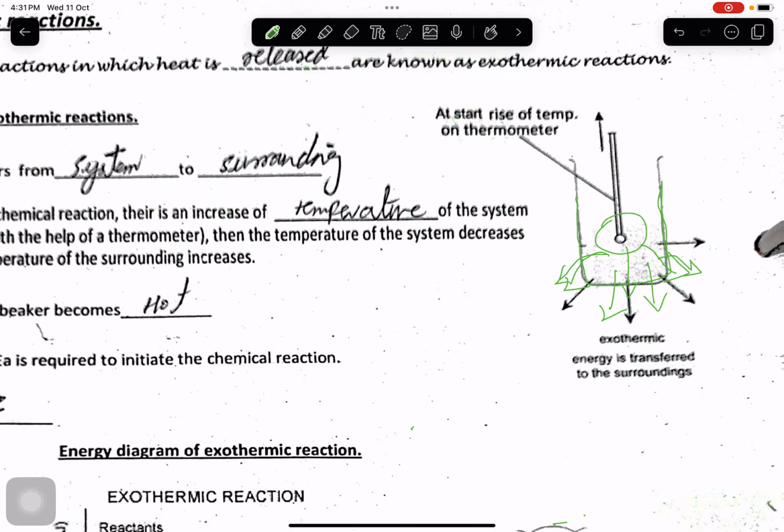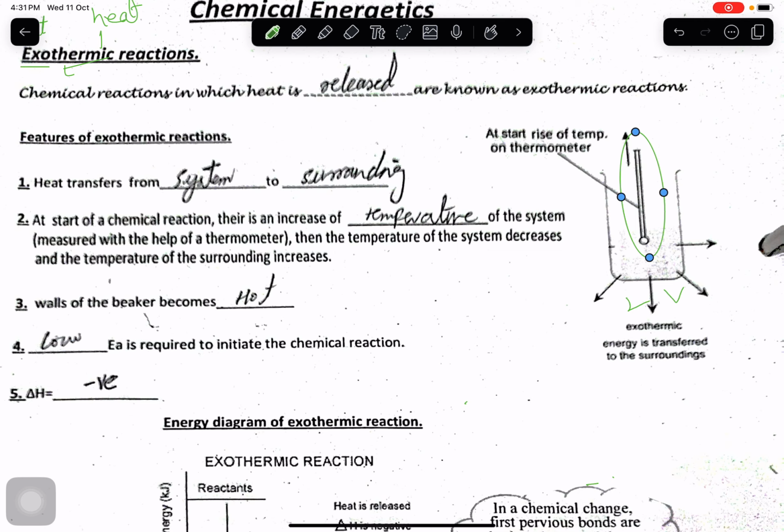Okay, and at the start of the reaction, there is an increase of temperature in the system, measured with the help of a thermometer. Then the temperature of the system decreases and the temperature of the surroundings increases.